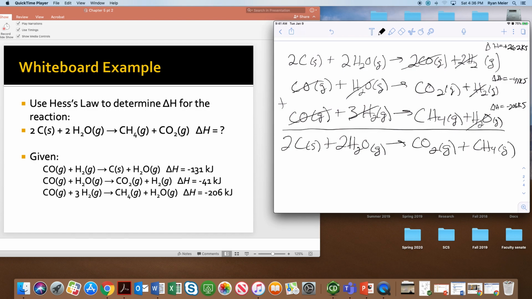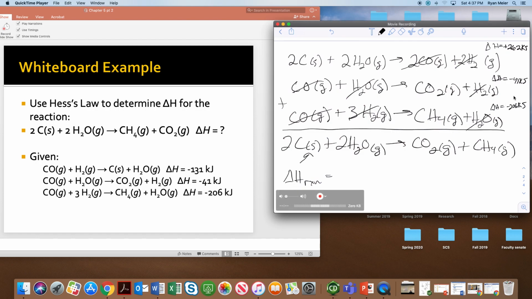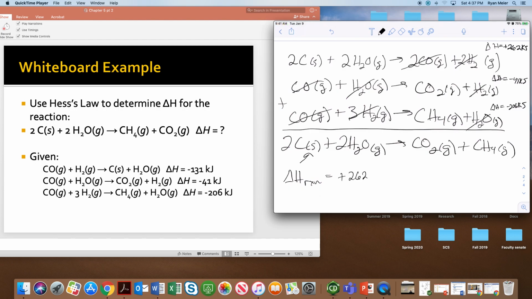And if I want to find my new delta H for that reaction, all I should have to do is add all of these other delta H's. Right? And so I have positive 262 plus a negative 41 plus a negative 206.